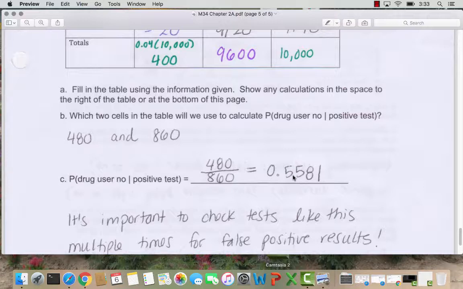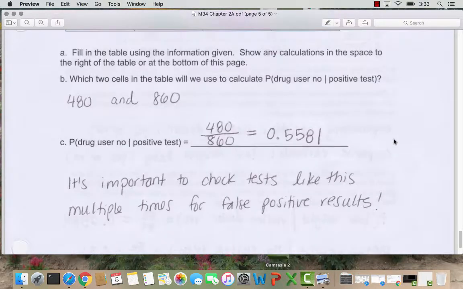So this is more than half. So more than half of the positive test results are not going to actually be drug users because you have so many people in the employee pool and very few of them are drug users. So it's very important to check tests like this multiple times for false positive results, which is what they do in medical testing.